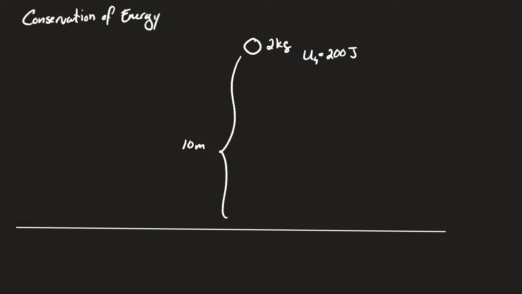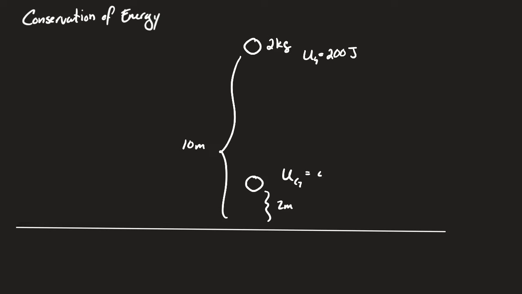Now, if I drop the object and it begins to fall, at some point or another, it is likely to make it to a point that is 2 meters above the floor. Is it possible for you to calculate how much potential energy it has now? Okay, so please do so. What you got? 40 joules.